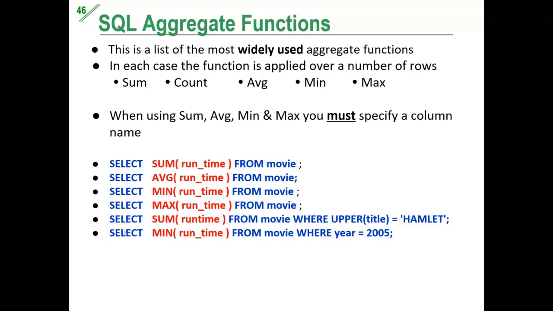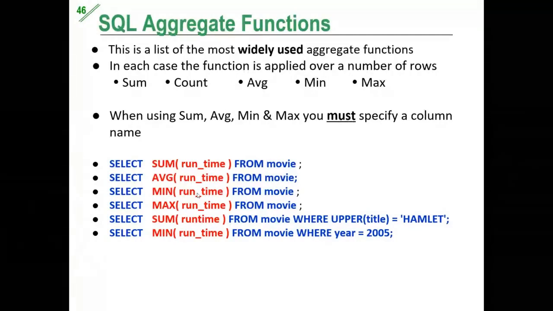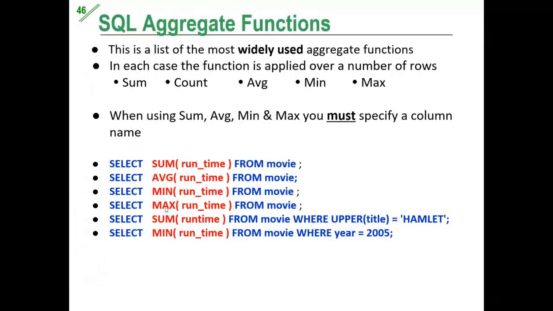So this is a bunch of examples. Remember, each aggregate function we need to place inside the select clause, right? In this case, I am calculating the total sum of runtimes from the movie table, and here I am calculating the average value of the runtime column, minimum value, maximum value, and total runtime.